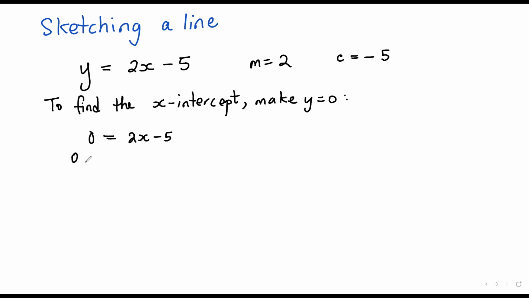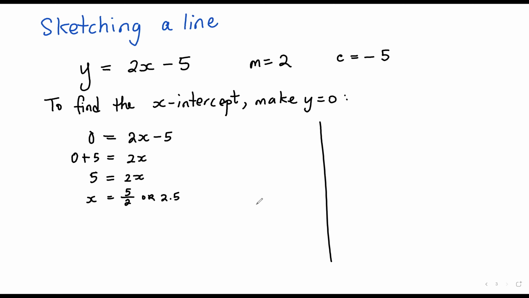So then 0 plus 5 is equal to 2x, and so 5 is equal to 2x, which means that x is equal to 5 divided by 2, or 2.5. So the x-intercept will be the point 2.5, 0, and the y-intercept is 0, -5.